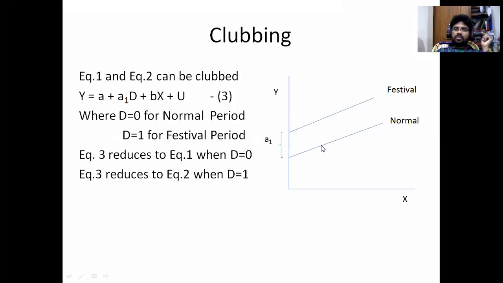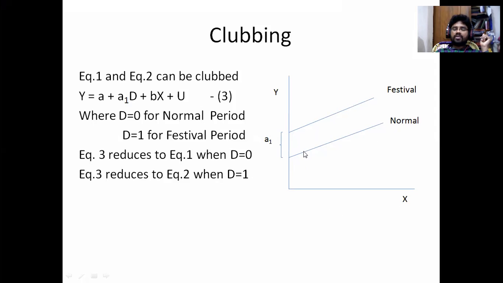Generally, when you draw your consumption against income levels, as your income increases, the consumption level also increases. So this is the normal period. During the festival period, there is some gap between these.